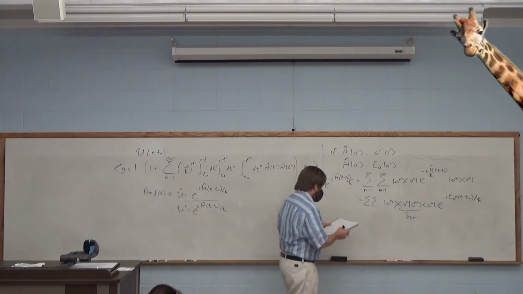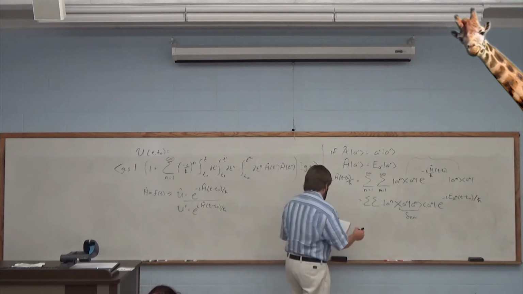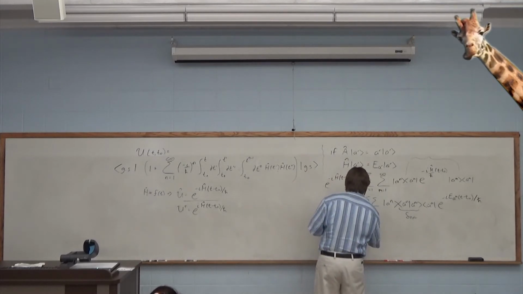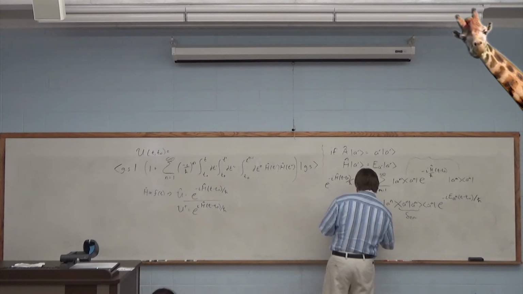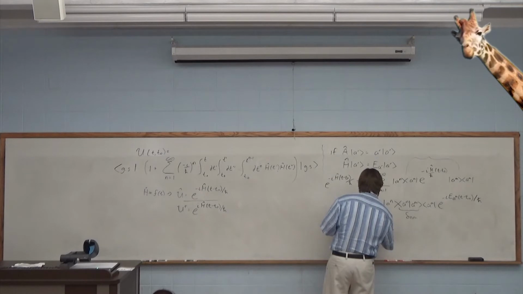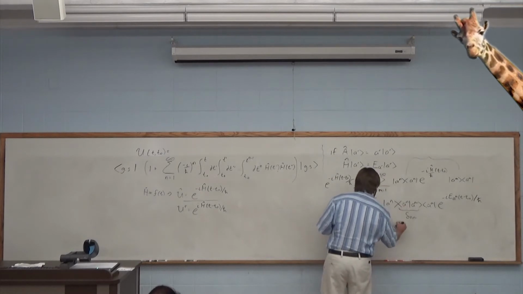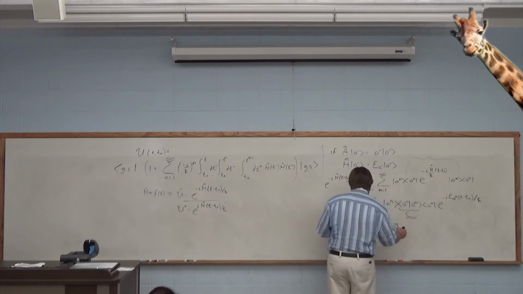So that kills off one of your sums, and what you end up with is, and I will kill off the M, mostly just because I have these N's here, so I'll just leave those.